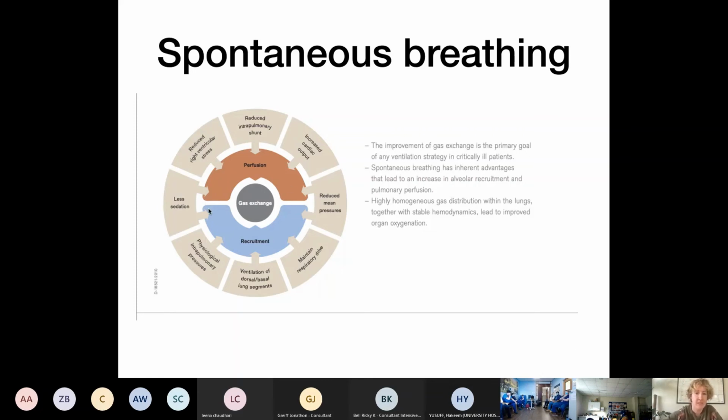And this is a nice picture that shows how reduced respiratory muscle stress, reduced intrapulmonary shunt, increased cardiac output, all with reduced sedation and reduced mean pressures can improve pulmonary perfusion, and you get improved recruitment through ventilating those basal lung segments, maintaining your respiratory drive, and less sedation.